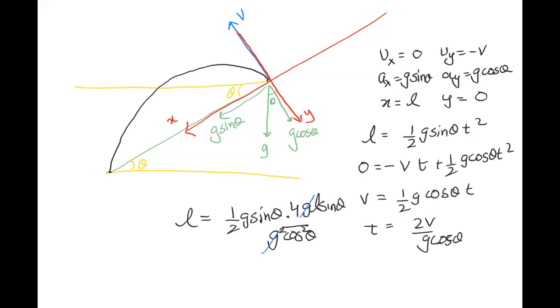So g square cancels out, and then एक 2 कहाँ गायब हो गया. बताओ भाई 2 मैंने कहाँ गायब किया.